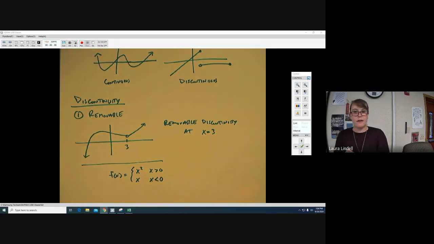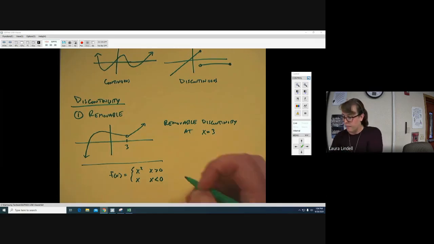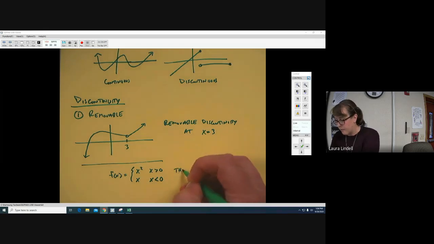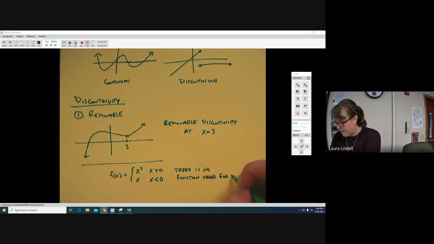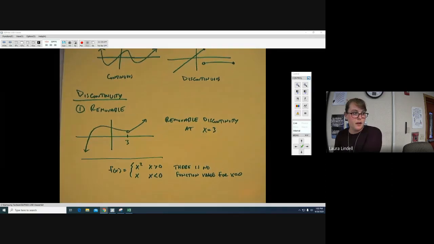So there's no value for when it's equal to 0. So this would be a removable discontinuity when x equals 0, since there is no value. So there's our first type of discontinuity.